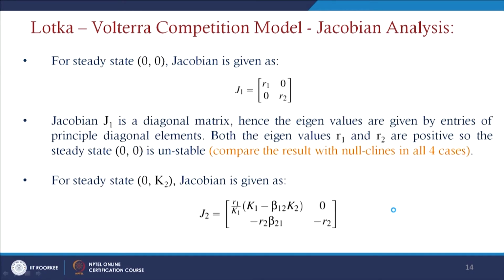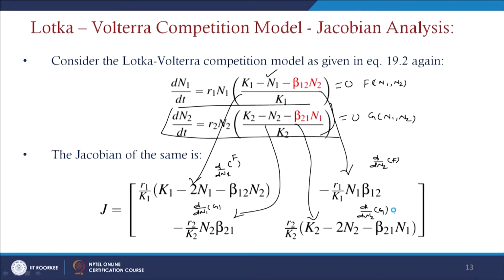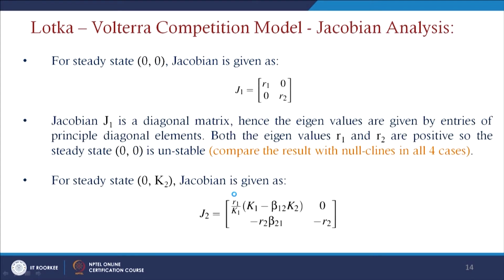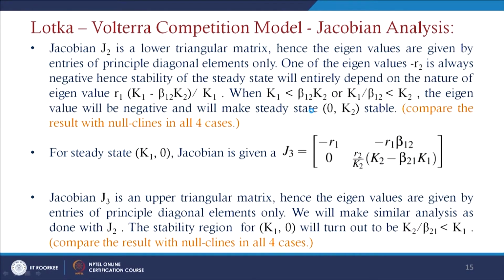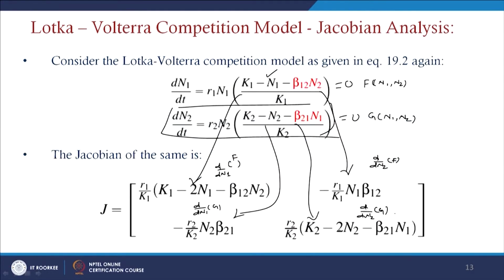Then at the steady state 0 0 we will have this Jacobian value. If you put n1 and n2 as 0, we can find these values: the first value as r1 here, then 0 and r2. Since k1 cancels out and n1 n2 is 0, this is just coming as r1.